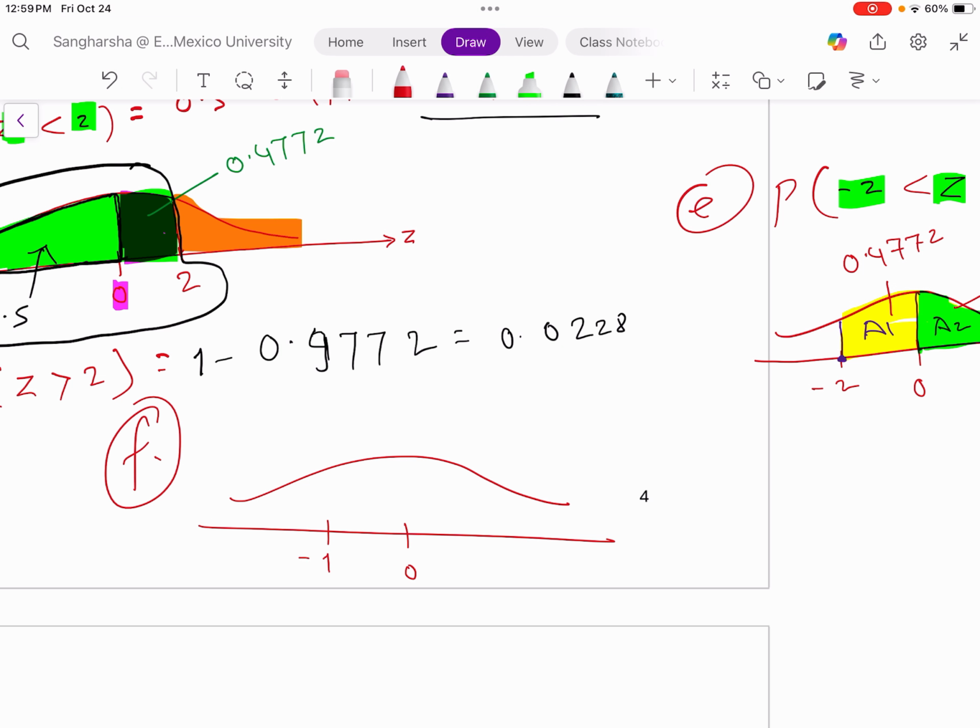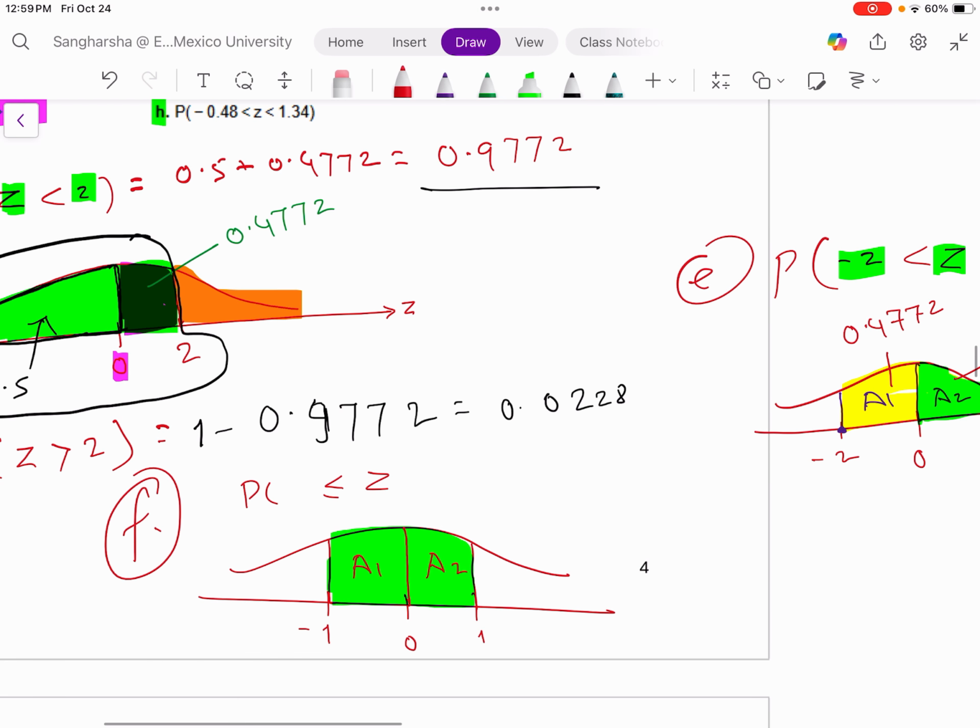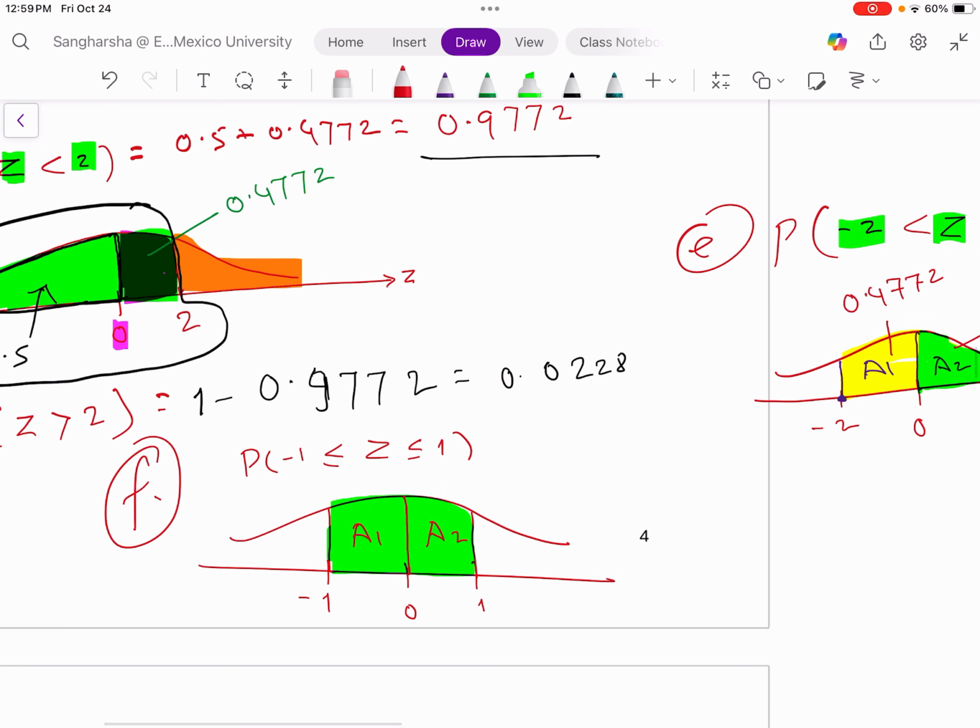We want to find this area. Let me call this area A1, this is area A2. Area A1 and area A2 are exactly the same. We find area A2 with the help of the G table.